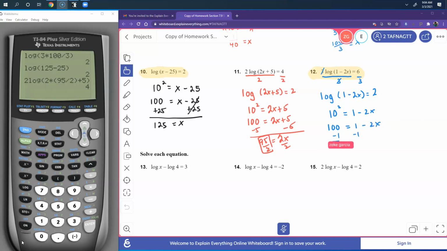Subtract 1, subtract 1. So you're left with 99 is equal to negative 2x. Divide by negative 2. I'm going to leave it as 99 over negative 2. So I'm going to go ahead and type that into the calculator. 3 times the log 1 minus 2 parentheses 99 divided by negative 2, and it should come out to be 6, and it does.